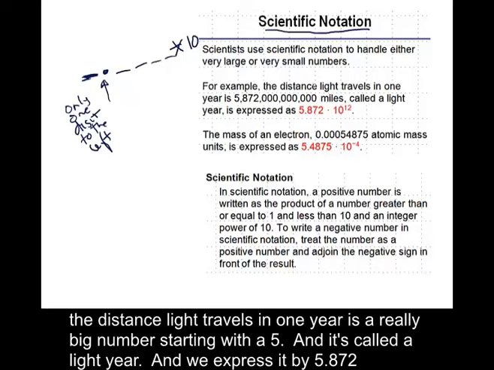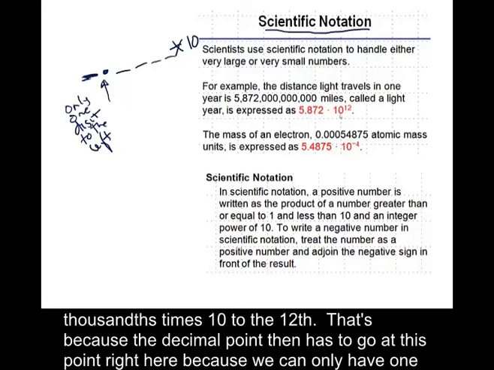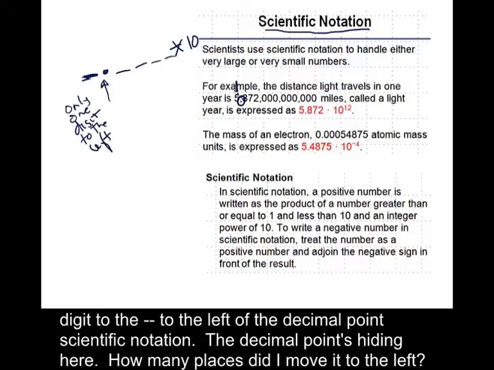So, for example, the distance light travels in 1 year is a really big number starting with a 5, and it's called a light year, and we express it by 5 and 872 thousandths times 10 to the 12th. That's because the decimal point then has to go right here, because we can only have one digit to the left of the decimal point in scientific notation. The decimal point's hiding here. How many places did I move it to the left?